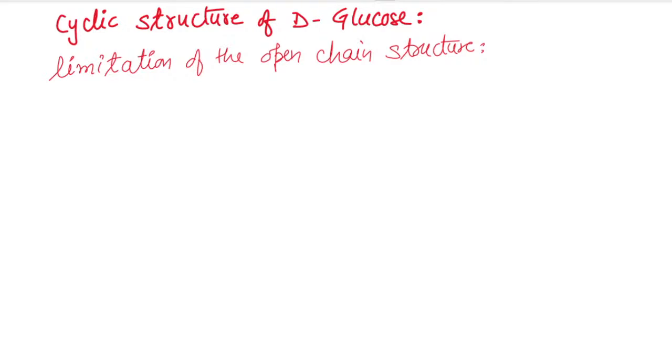The limitations of the open chain structure are important. So see, the first limitation: D plus glucose reacts with HCN and NH2OH, and on that basis we said that it has a CHO group.